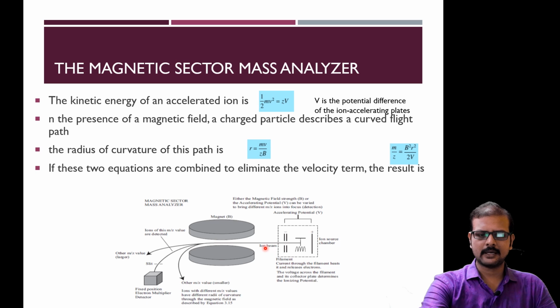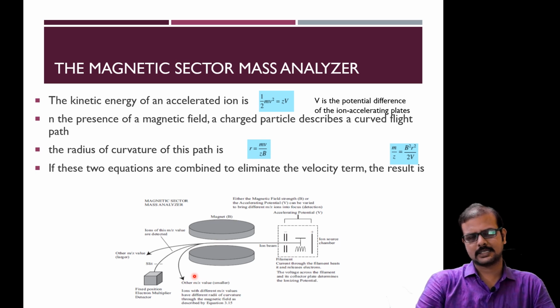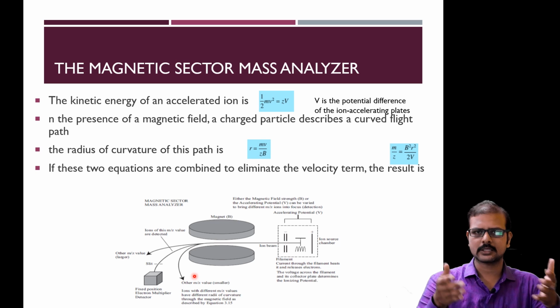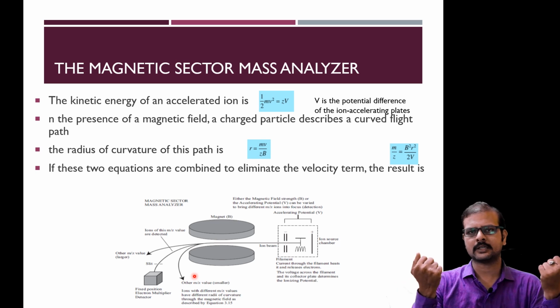If the magnet has less magnetism, what happens? The smaller molecules, or the bigger molecules, will take a different path and will collide with the walls of the magnetic analyzer. The smaller molecules and the larger molecules will collide onto the walls, so they will not be detected in the detector.